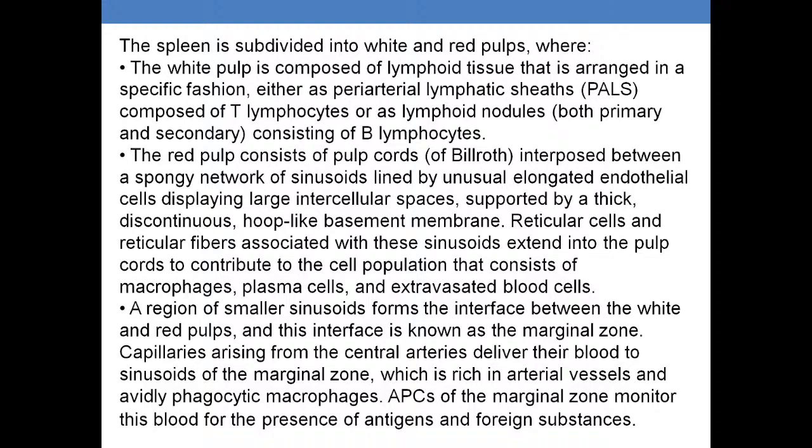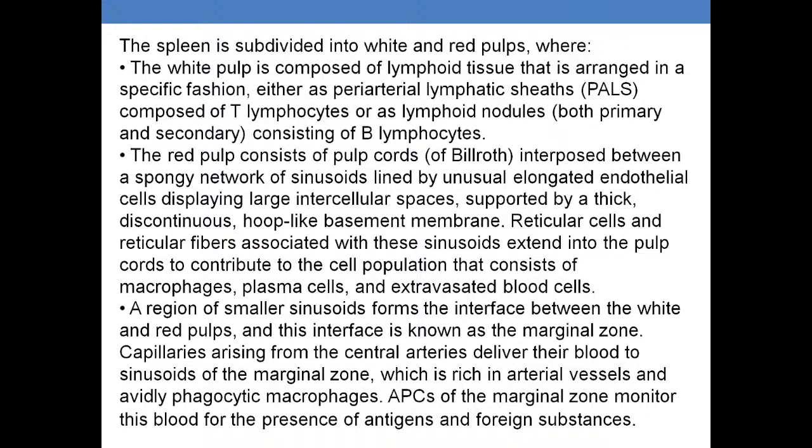The spleen is subdivided into white and red pulps, where the white pulp is composed of lymphoid tissue that is arranged in a specific fashion, either as periarterial lymphatic sheaths, composed of T lymphocytes, or as lymphoid nodules, both primary and secondary, consisting of B lymphocytes.